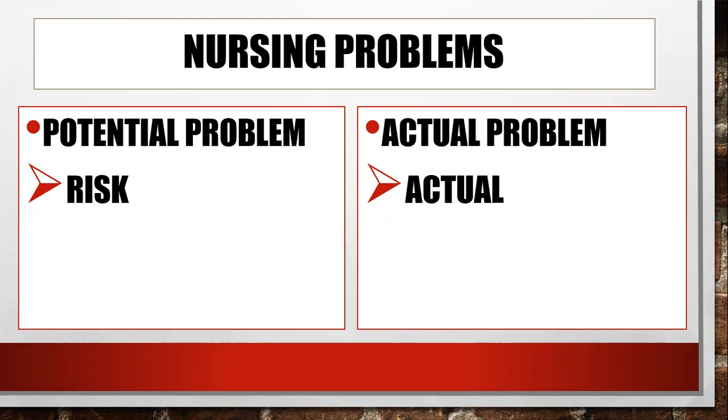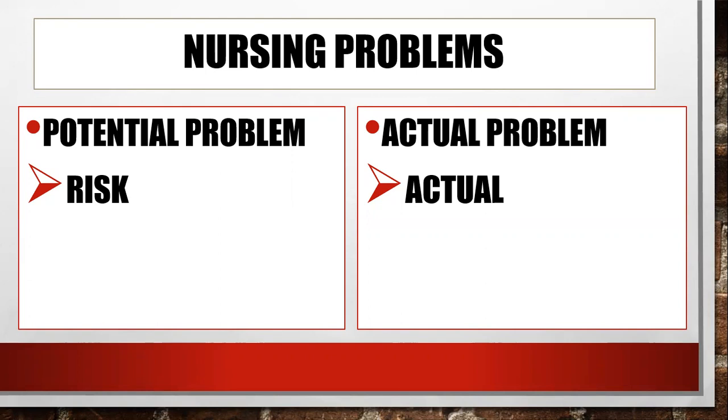So the first important component of the nursing care plan is the nursing problem or problems. Now, if you are writing this plan, this should be your first column. And you should understand that the nursing problems are subdivided into two. We have the potential problem and we have the actual problem.